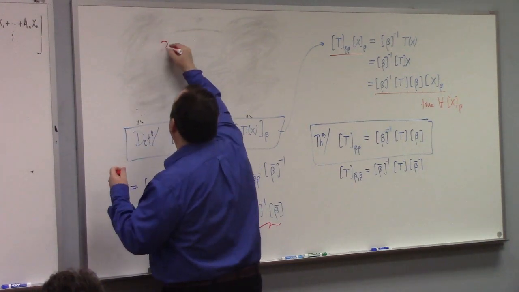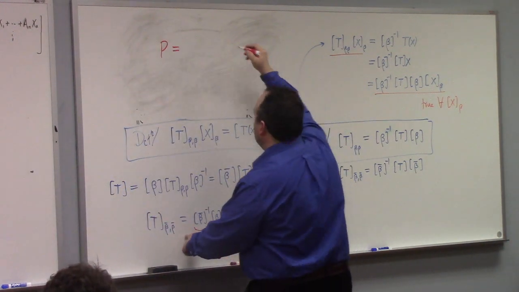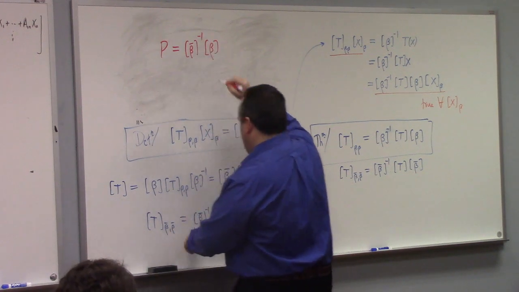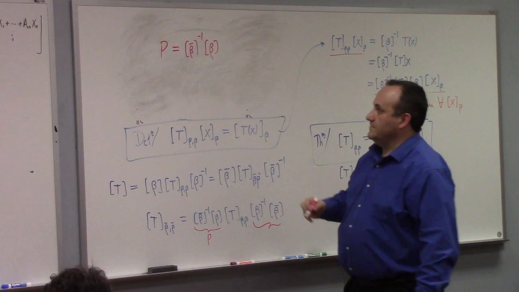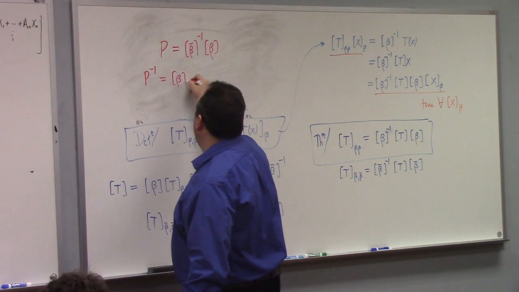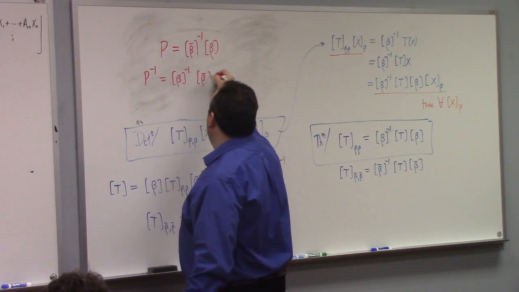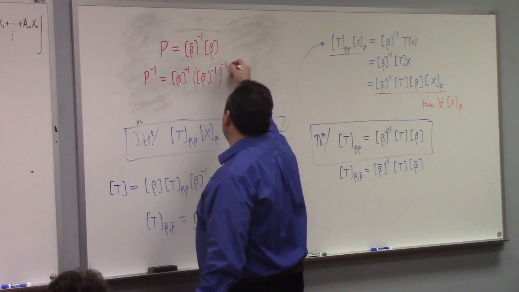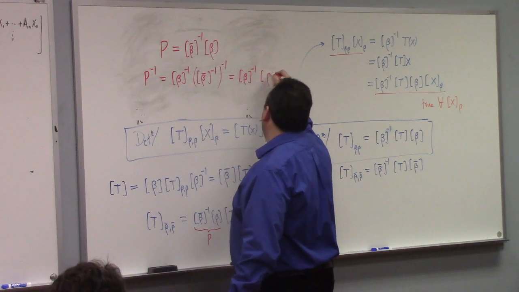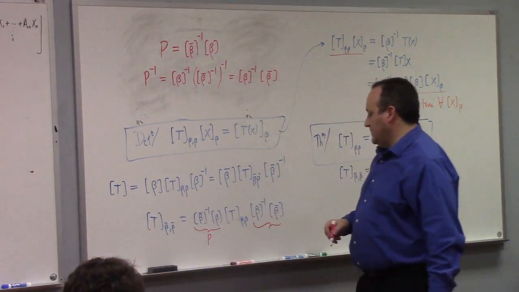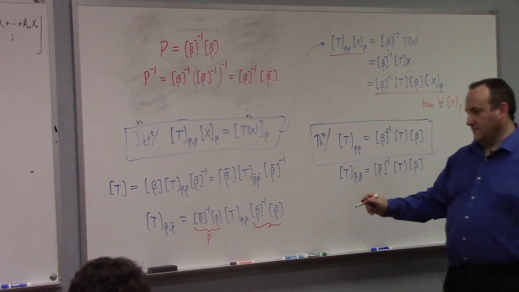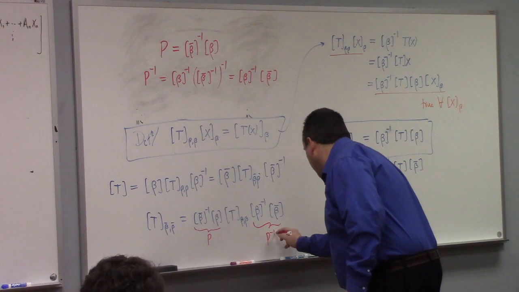If P is equal to beta bar inverse times beta, what happens when you invert that? We do socks and shoes. The inverse of the inverse is just the matrix again. Hey, look, that's P inverse. So there is the theorem.